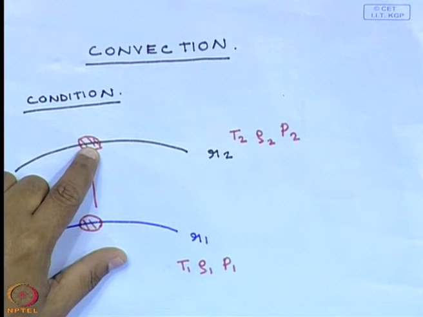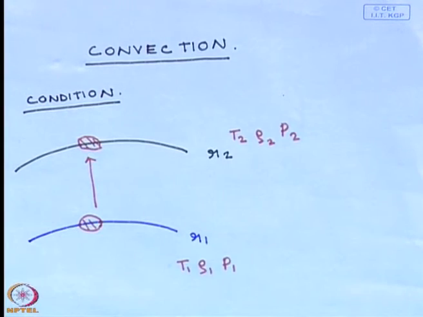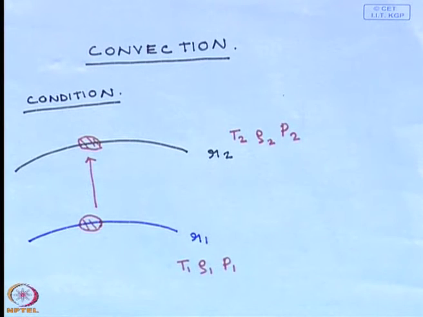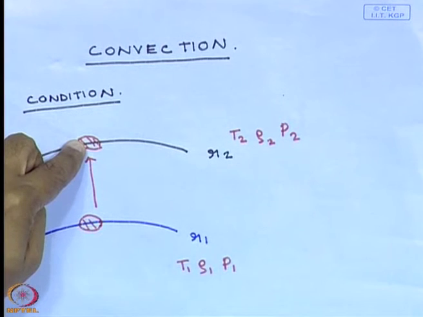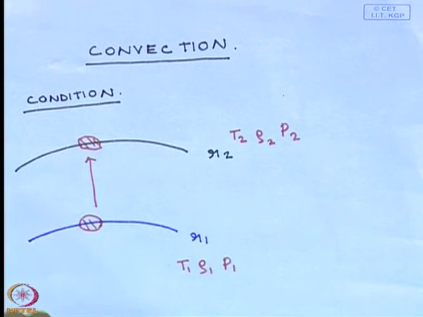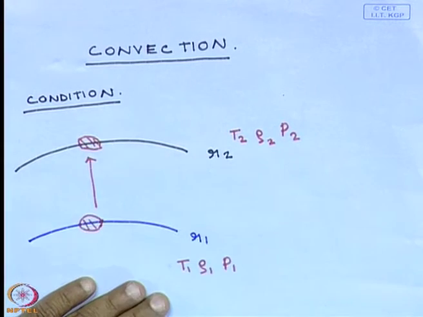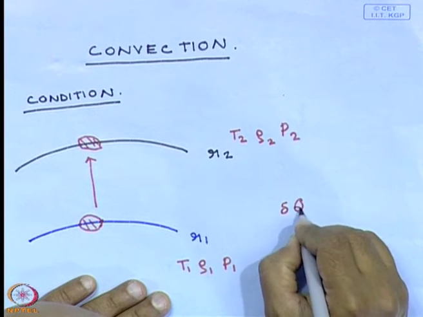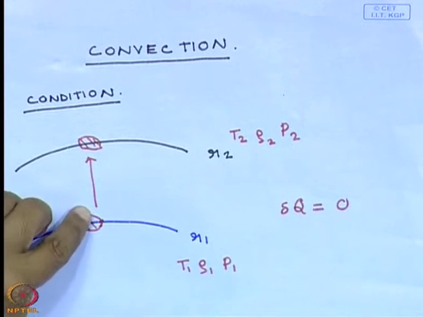And we will assume that it moves from here to here sufficiently fast, so that it does not exchange any heat with its surrounding. In this process, the exchange of heat delta Q is 0. So, it is an adiabatic process.